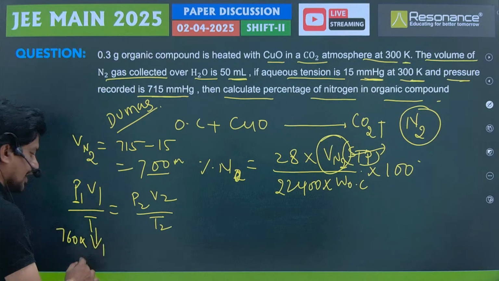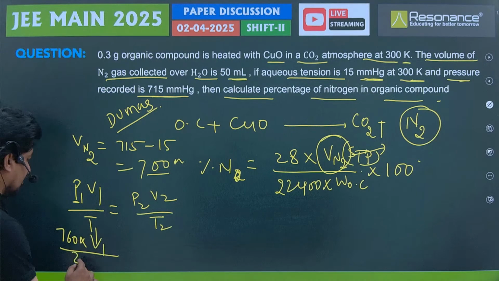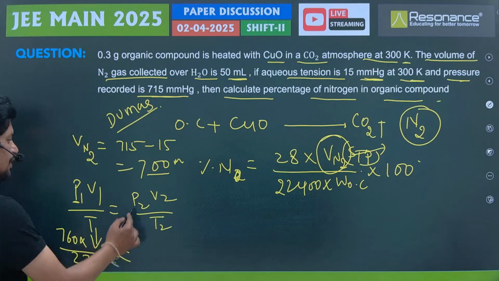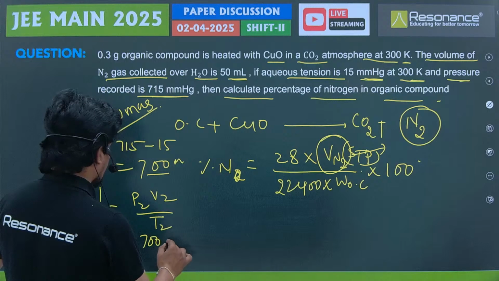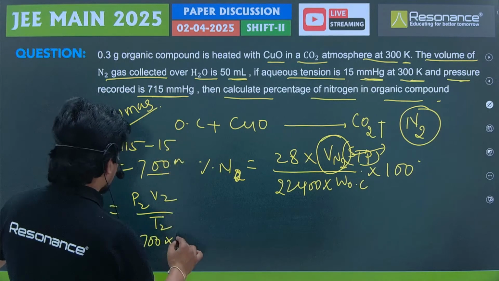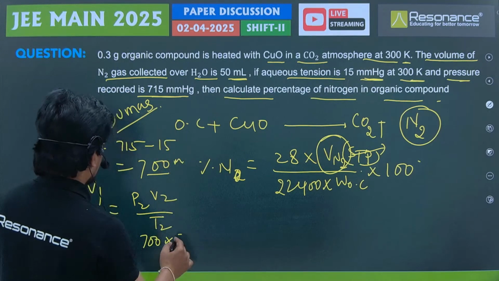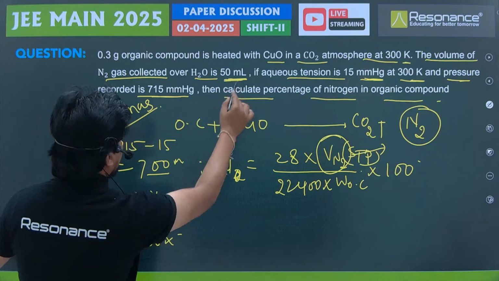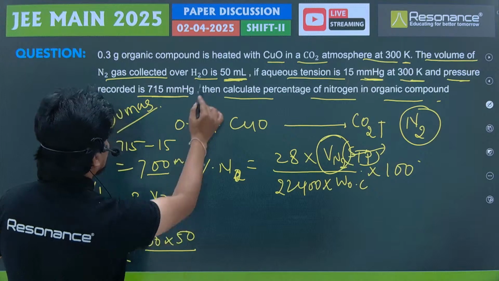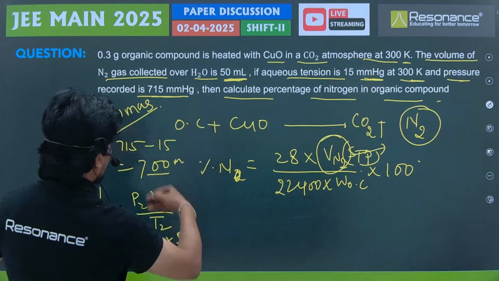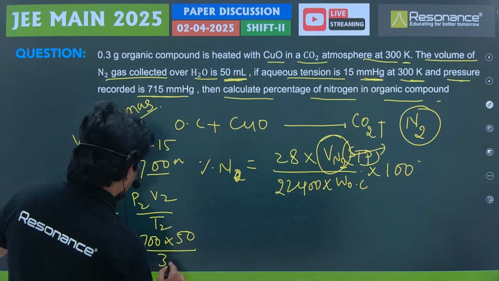V1 is the volume of nitrogen at STP condition, T1 is 273. P2 they gave 700, the experimental condition. V2 in the experimental condition, what volume did they give? 50. T2 also they gave, at 300 Kelvin.